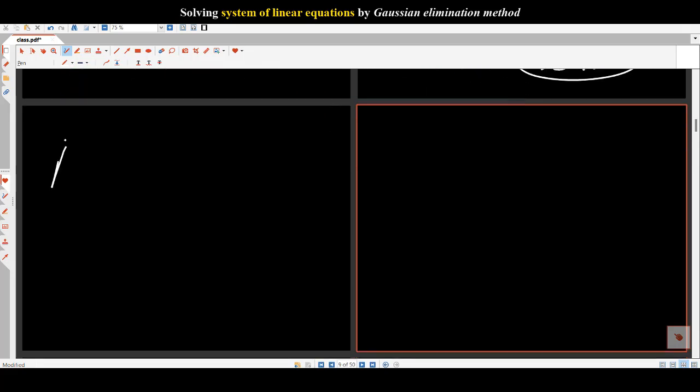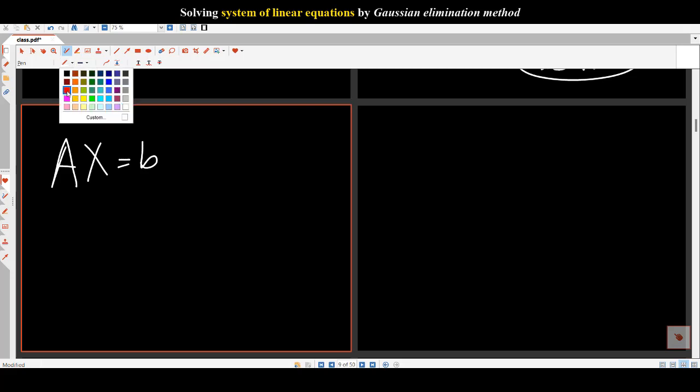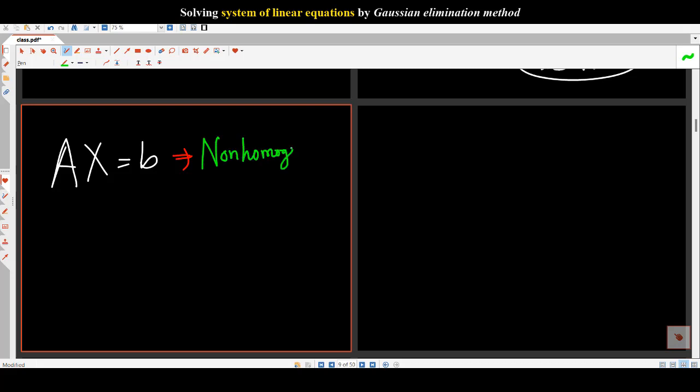So here Ax equals B is actually known as a non-homogeneous system. So this is the definition of a non-homogeneous system.